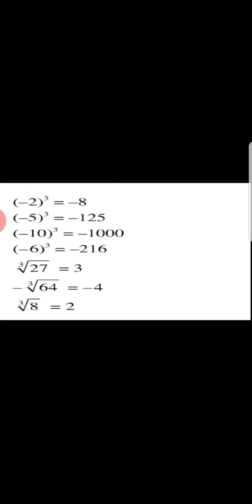Similarly, here are some examples of cube root. Cube of negative 2 is negative 8. Cube of negative 5 is negative 125. Cube of negative 10 is negative 1000. Cube of negative 6 is negative 216. Similarly, cube root of 27 is plus 3.